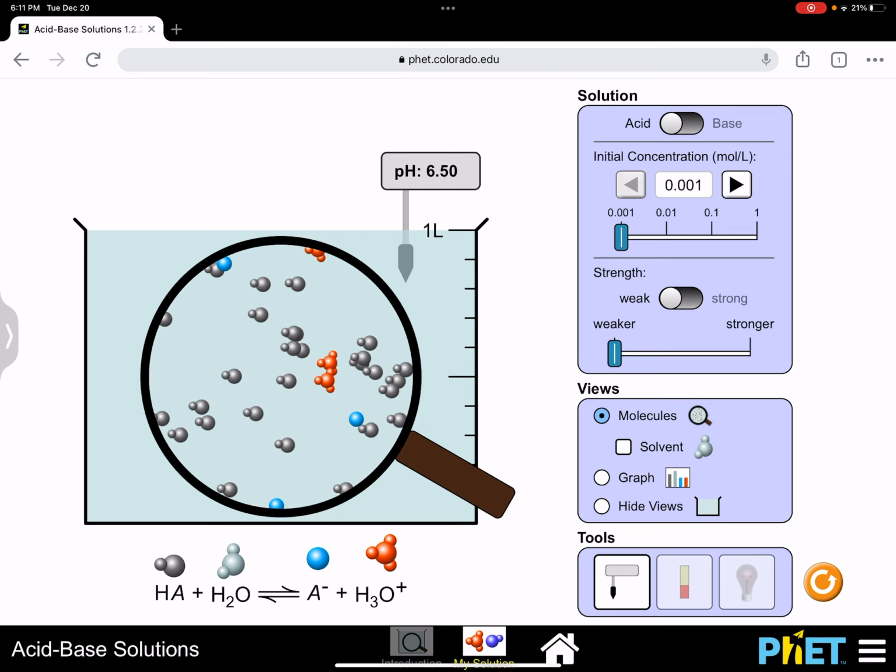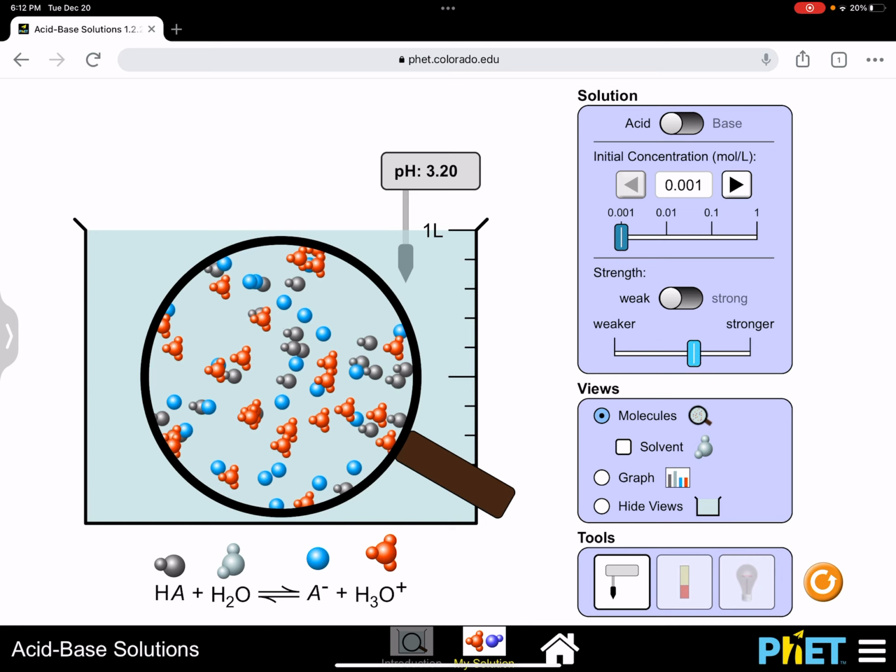So I'm going to move this over. You can see the stronger it is, the more the HA is giving the H3O plus an H, and it has leftover A minuses. That's not OH minus, that's A minus.